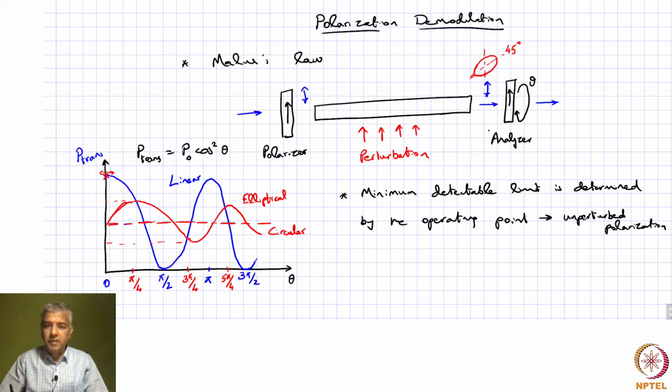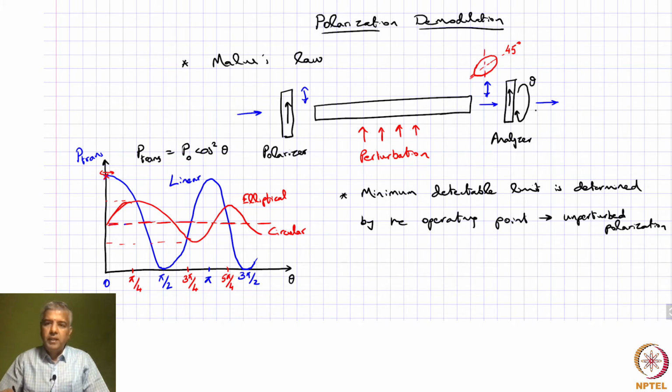So normally it's dark. If it's cross polarized, that would correspond to a P naught sine square theta form. So normally it's dark, but if there is any perturbation, then some finite intensity will leak through, and based on that you can possibly tell the magnitude of that perturbation.